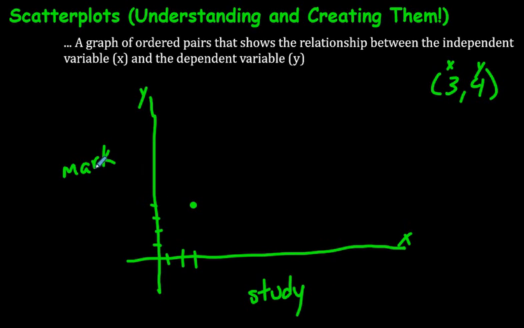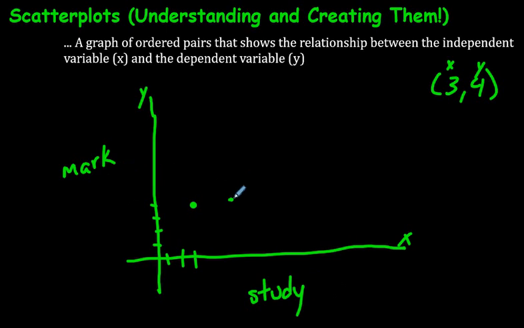Okay? So this part would depend a lot on this part here. Studying doesn't depend on your mark. It's the other way around. Your mark would depend on how much you studied. And that's why studying would be the independent part, and over here is the dependent part.